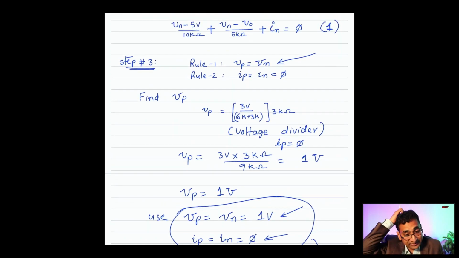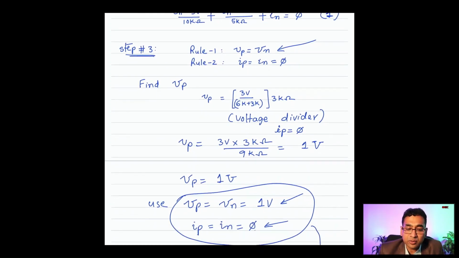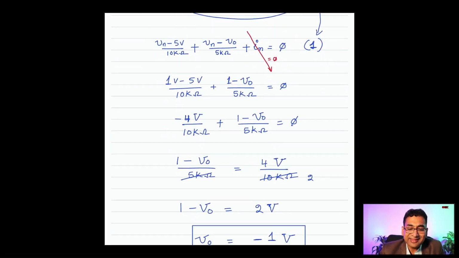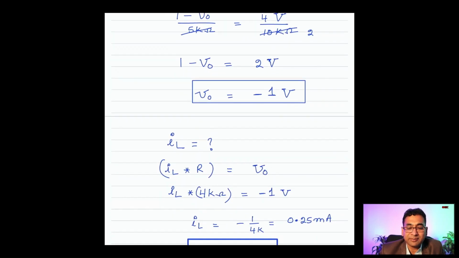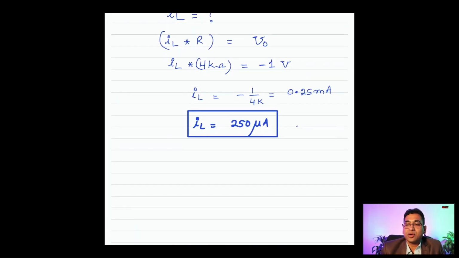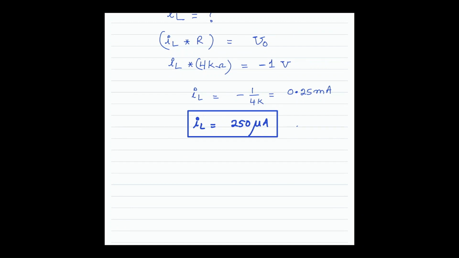Step 3 is to apply the rules, the voltage and current constraints. We apply the ideal OpAmp rules. Then it's just a matter of arithmetic manipulation. So we'll stop there, and we will continue with 1 or 2 more examples.